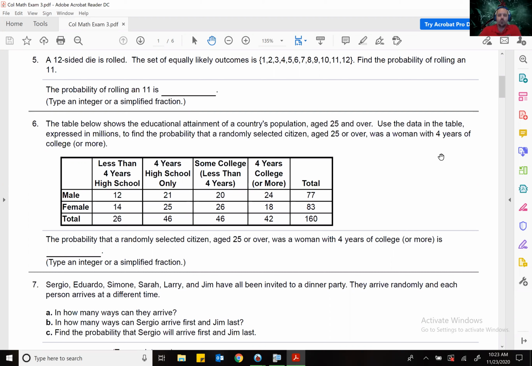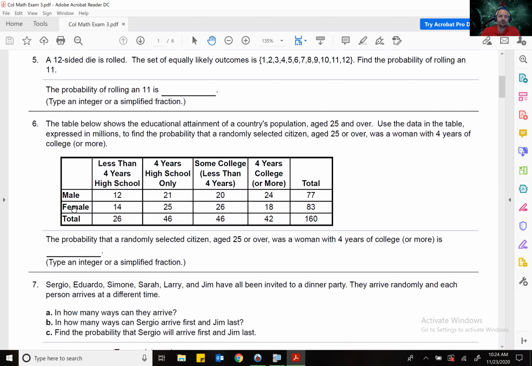So we need to first find out. So actually we want the probability of being a woman or female with 4 or more years of college. I'll just call that 4 or more. So that's the probability we want.